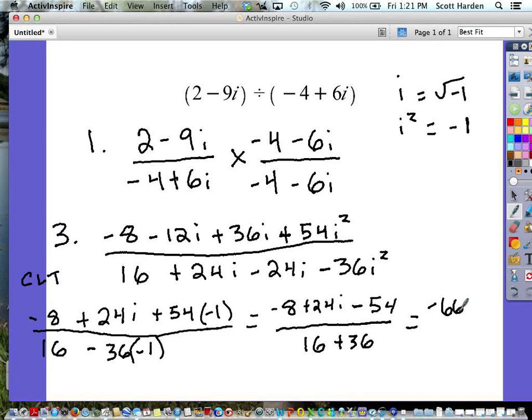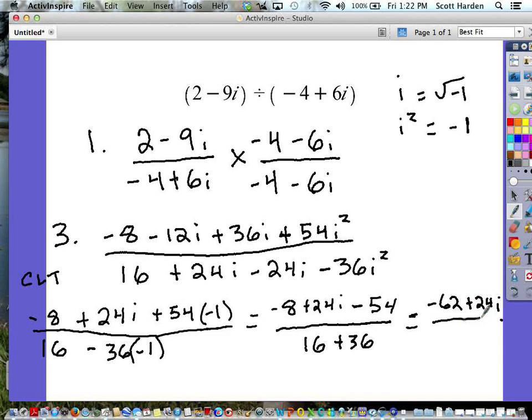Negative 66 plus 24i. Oh, I said 66. I'm sorry, I'm wrong. It's hard to see y'all from Rome. Don't judge me too much, okay? It's negative 62, guys. Negative 62 plus 24i.